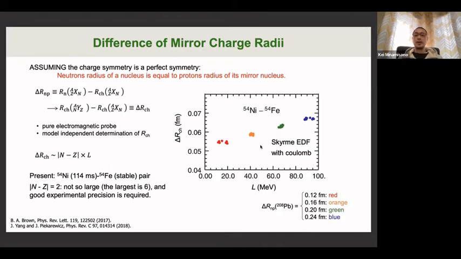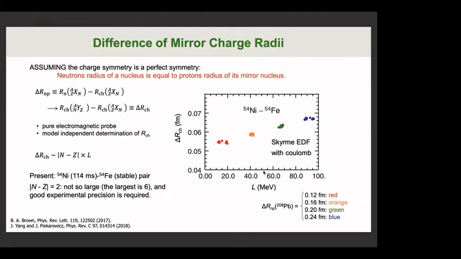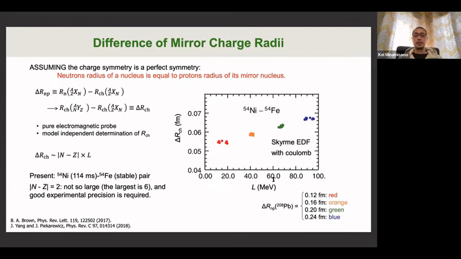Without the Coulomb interaction, all these points line up in a straight line. Okay, so now if we determine the difference of the mirror charge radii by experiment using this relation, we can get the size of the slope parameter as other experiments do.